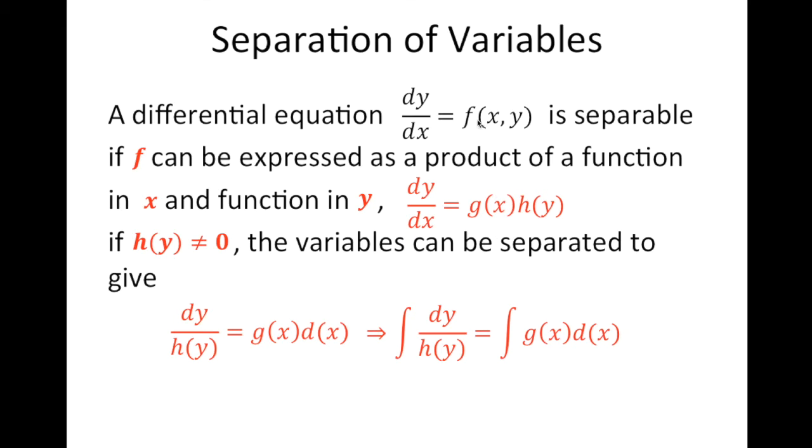So the f becomes g of x multiplied by h of y. If we can do it, then we can use this technique. Therefore, the variables can be separated to give dy over h of y is equal to g of x times dx. Alright, so that means we have already separated the variables.